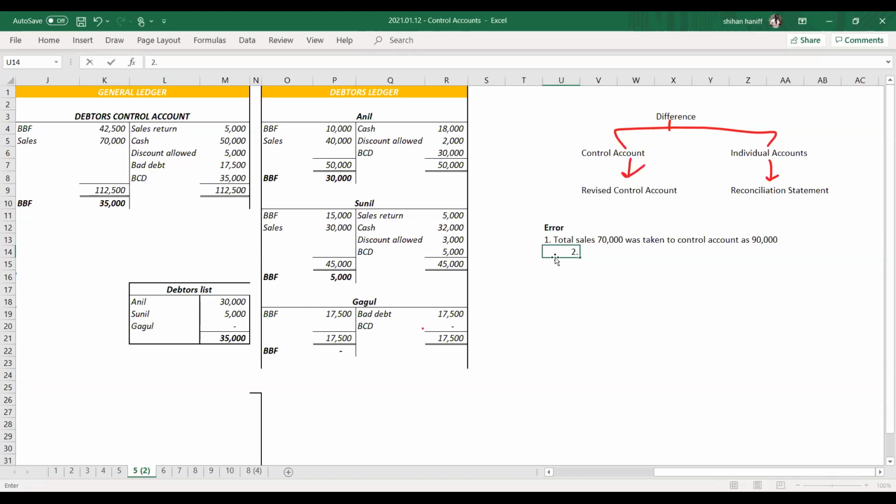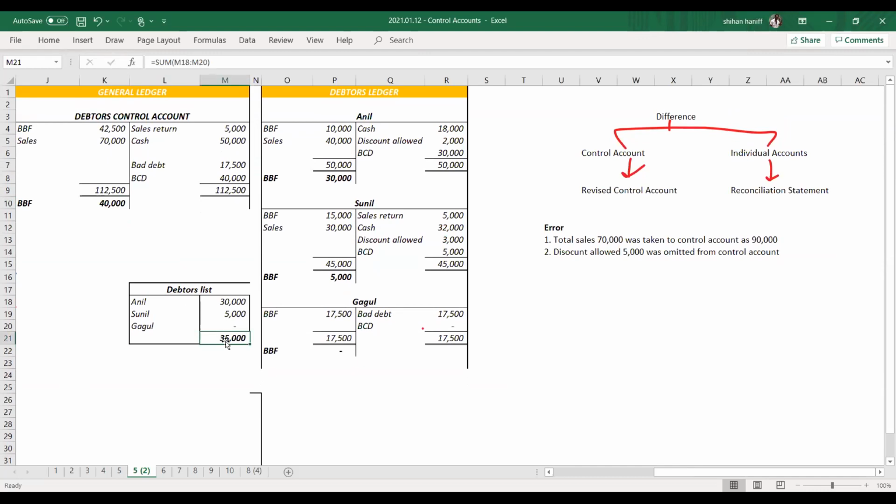Number 2: Discount allowed 5,000 was omitted from the control account. Then what happens? Here, discount allowed omitted. 5,000 omitted means in the control account you will have 55,000. Debtors list you will have 35,000.